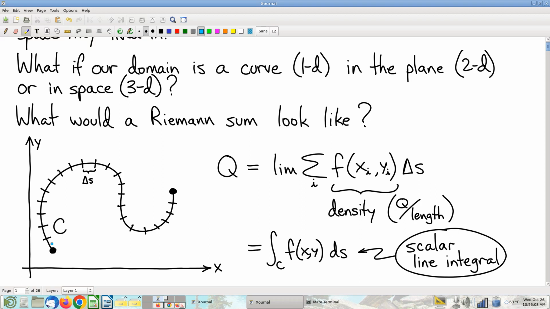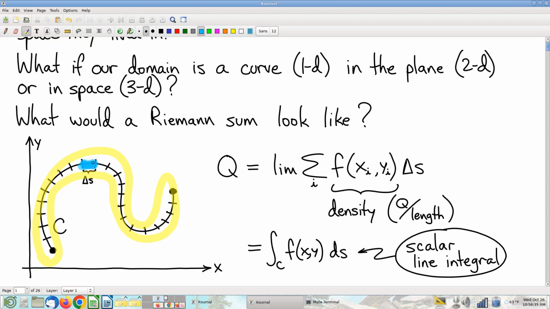You can't just multiply mass per unit length times length because the mass per unit length is different as you move along. So what I can do is chop it up into little pieces and say the mass on this whole thing is the sum of the masses on the little pieces.